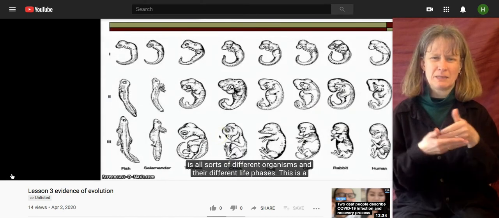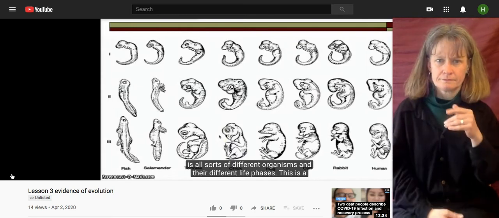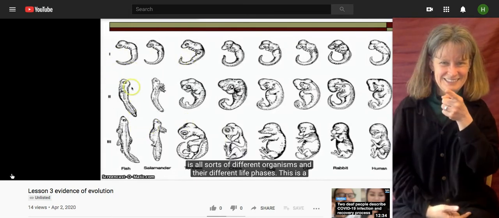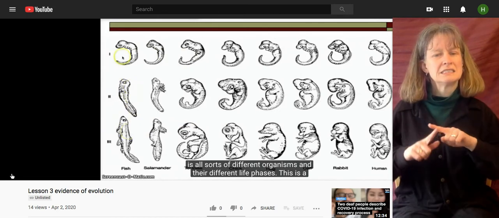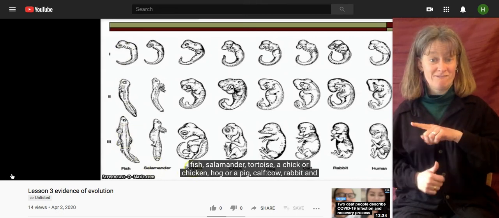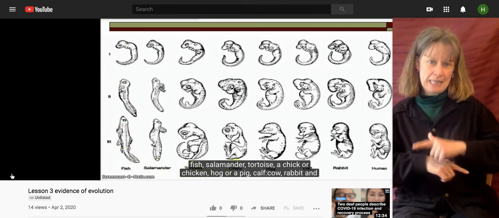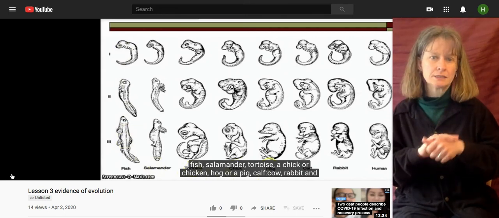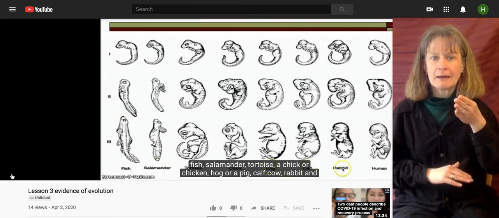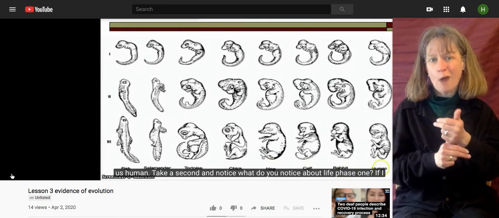And then this is all sorts of different organisms in their different life phases: a fish, salamander, tortoise, a chick or chicken, a hog or a pig, calf, cow, rabbit, and us, human.